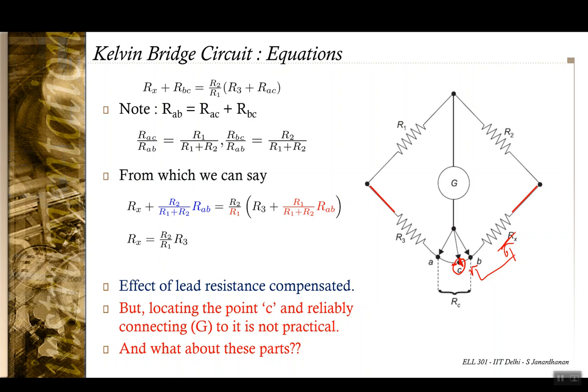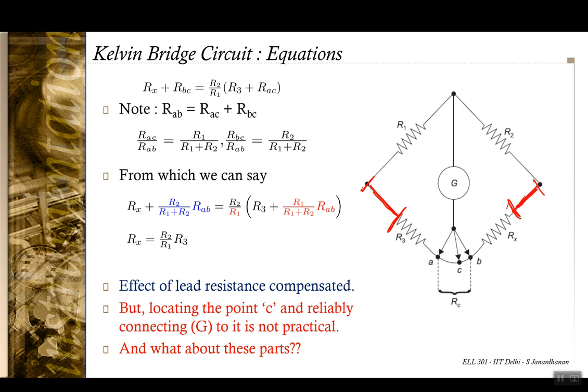So determining and keeping the wiper of the galvanometer at that point C may not be so easy, and that is one problem. The other problem is, what about the resistances of these parts?